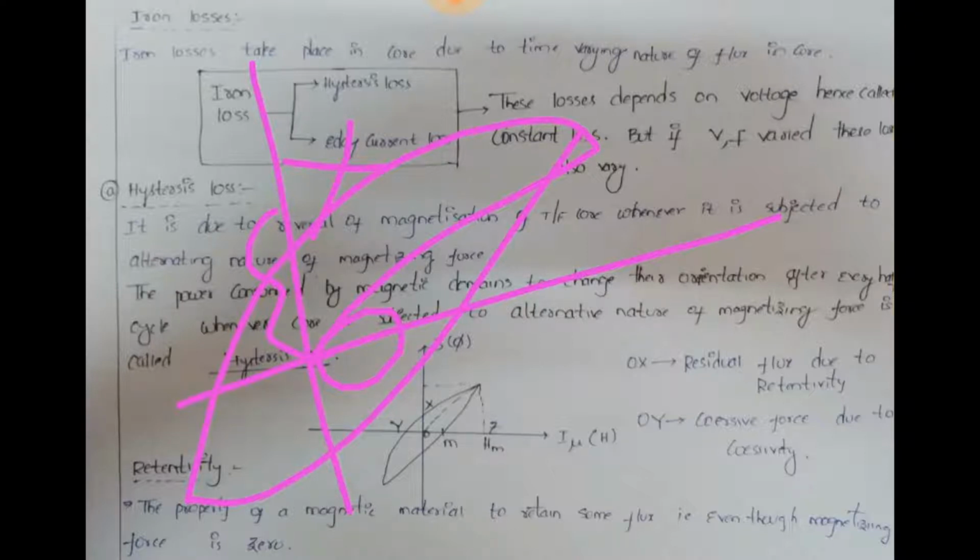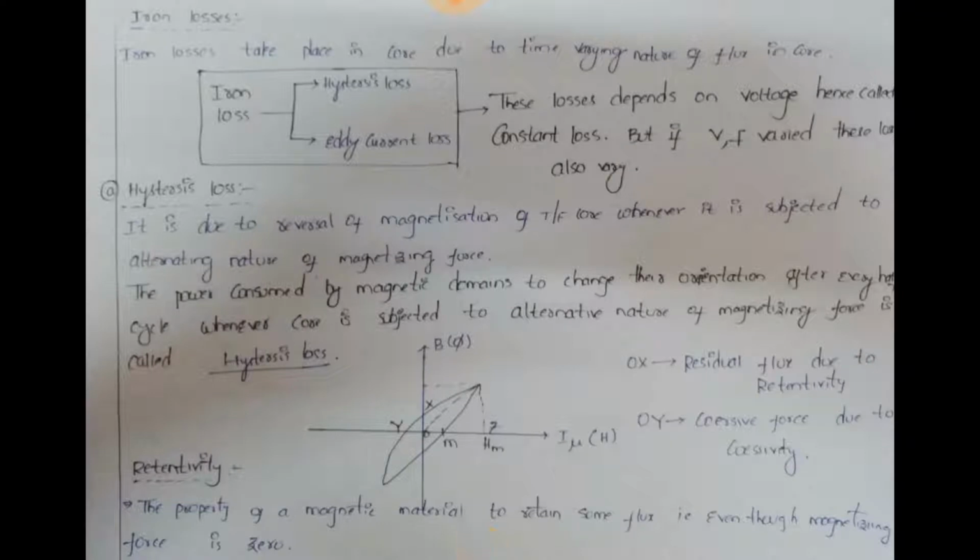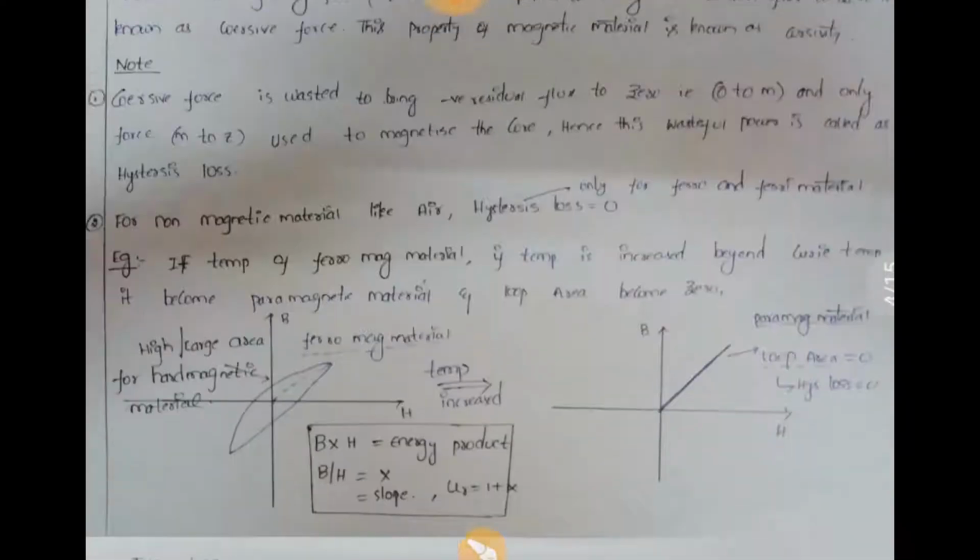Now 0 to X is called residual flux and 0 to Y is called coercive force, required to bring the flux to 0. See the definition: the property of a magnetic material to retain some flux even though the magnetizing force is 0 is called retentivity. Yes, it is true. Now move ahead.